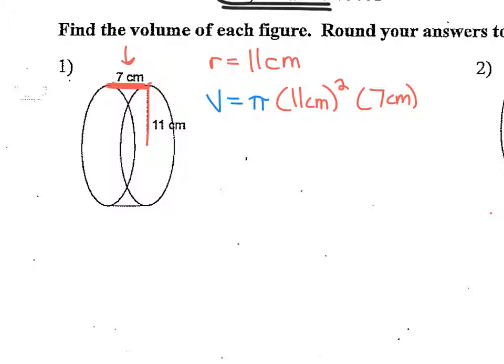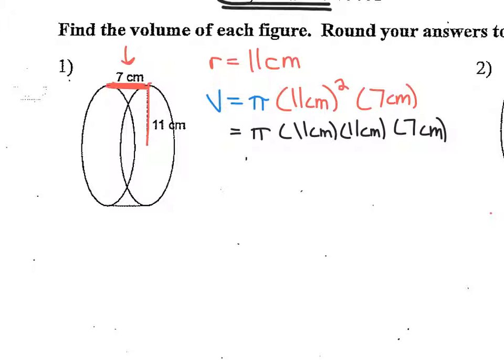Now when we expand this out, I won't have you do this for every example, but we are going to do this for the first few together. We would have pi times 11 centimeters squared, which is just 11 centimeters multiplied by itself, times 7 centimeters.